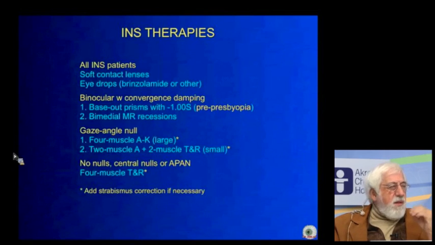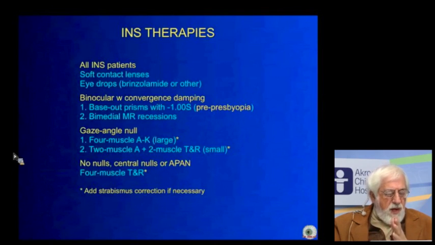Bimedial recessions are the best if you can use them. 4-muscle AK surgery for large deviations, the null is very lateral. A 2-muscle plus a 2-muscle TNR for small. And for no nulls or central nulls or APAN, the 4-muscle TNR. Obviously, you can combine the shifting with the convergence if a person has no strabismus, and you'll get the best results.